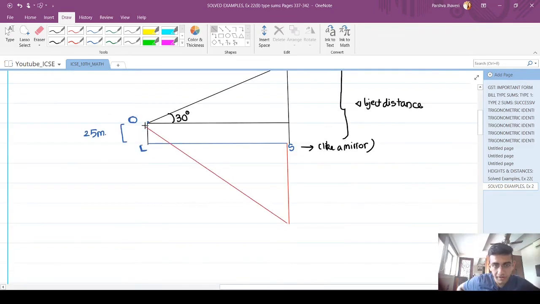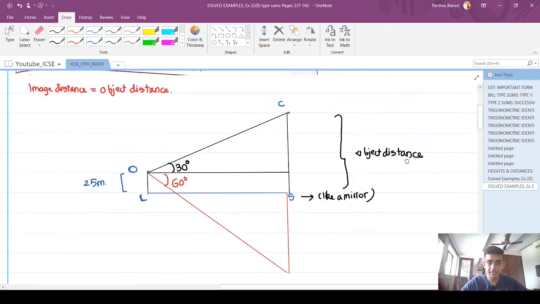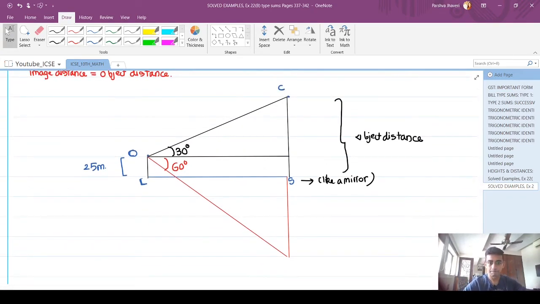Now let's go ahead and name everything. I'll call this A, I'll call this B, O. Remember, we have to find this object distance, and this is the image distance.